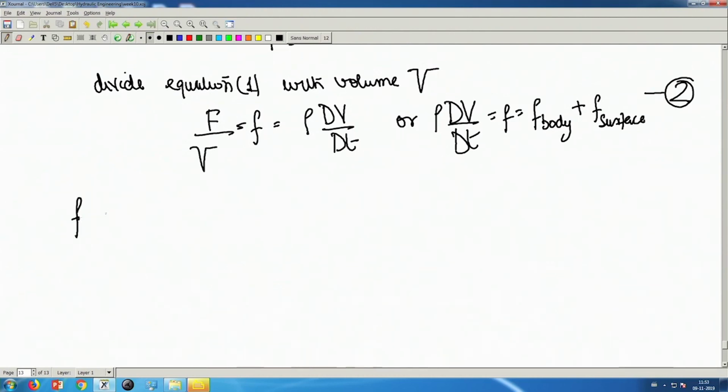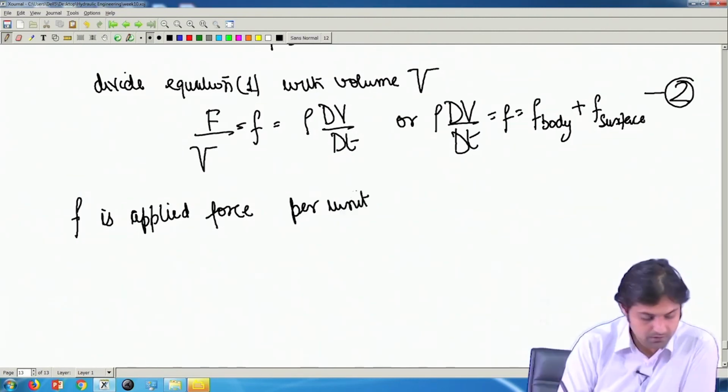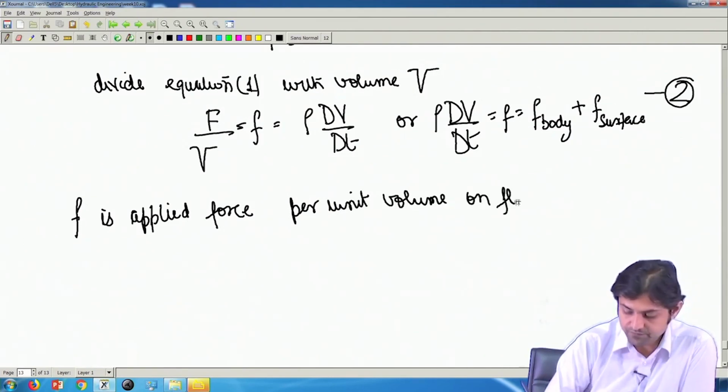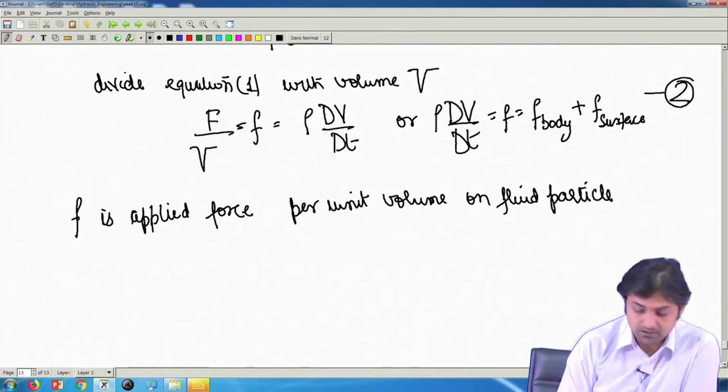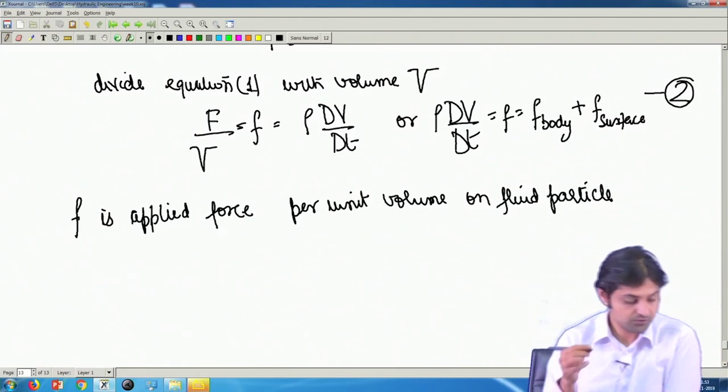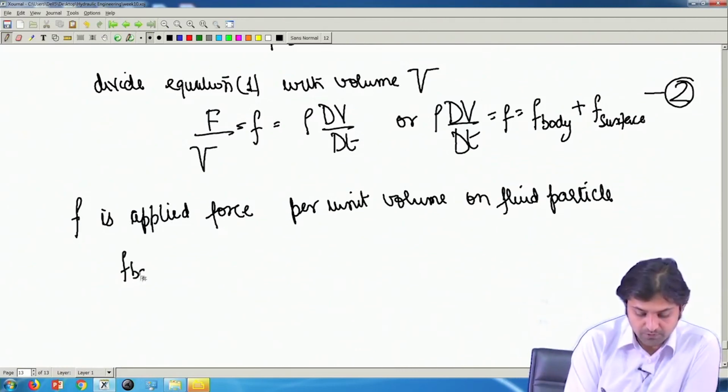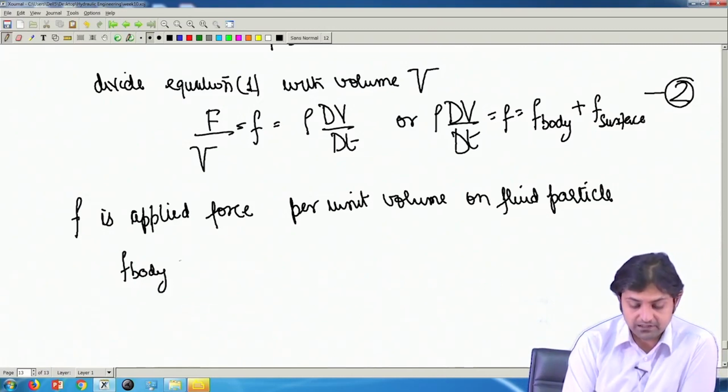So this f is applied force per unit volume on fluid particle. All right. So what is F body? We have to clarify that a little bit.